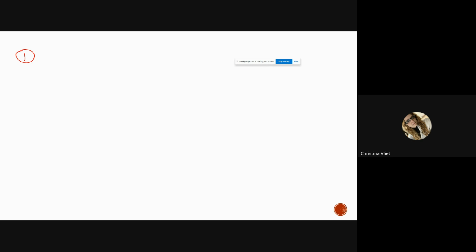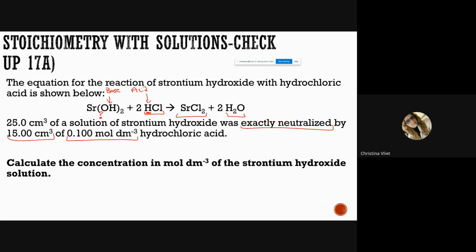I would start with what we have 2 pieces of information for. You have an equal amount of acid and base, so that means you can use this balanced equation. But before that, I have the volume of hydrochloric acid and I have the concentration of hydrochloric acid.